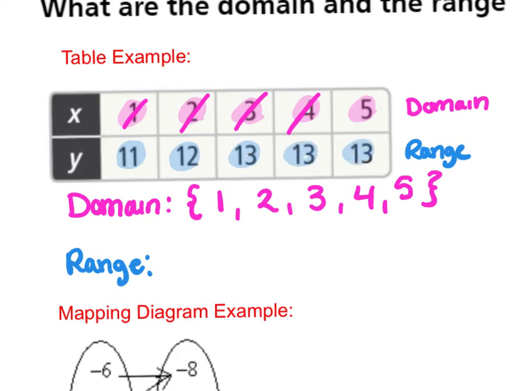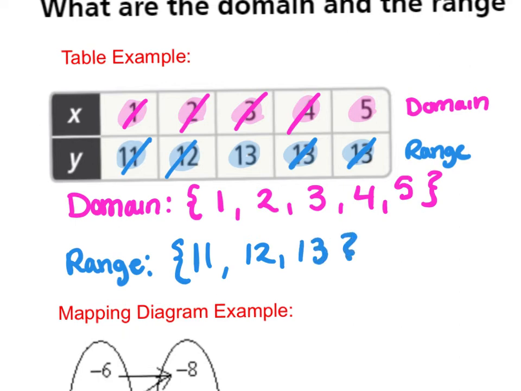And if I look, I have the value of 13 listed 3 times. So I only need to consider it once. So if I look here, I'm going to include the first 13, and the second ones I'm already going to ignore. Now if I'm listing these in order, the smallest number is 11, the next smallest is 12, and then the next smallest or the biggest of all of them is 13, and I would close my bracket.